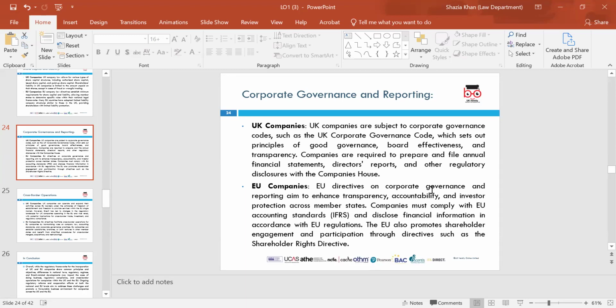For EU companies, the EU directives on corporate governance and reporting aim to enhance transparency, accountability, and investor protection across member states. Companies must comply with EU accounting standards, IFRS, and disclose financial information in accordance with EU regulations. The EU also promotes shareholder engagement and participation through directives such as the Shareholders' Rights Directive.